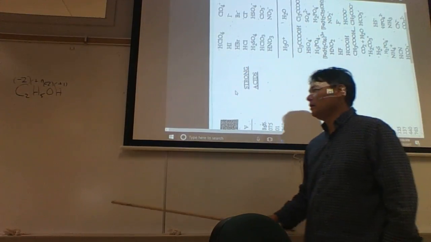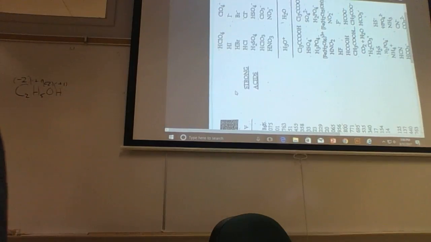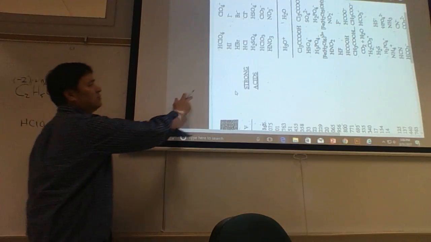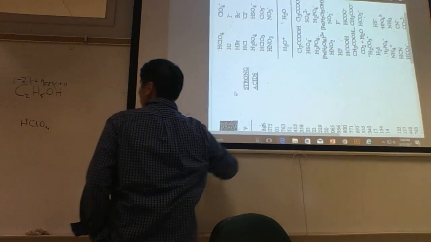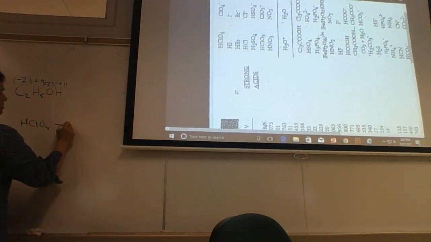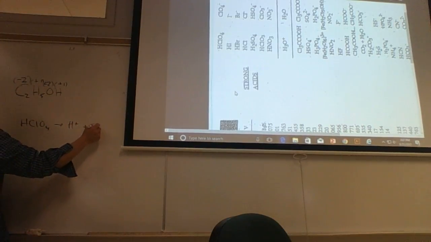What happens with these acids is this. If we have a strong acid like HClO4 in water, water is the base. So water being the base comes and plucks the proton off. And it turns out plucking the proton off of any of the strong acids is very easy. And so water can pluck that proton off, and usually we write it as an ionization equation like this.